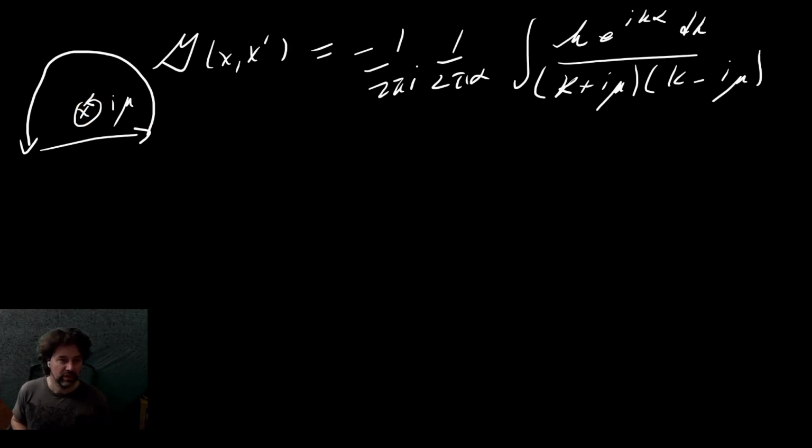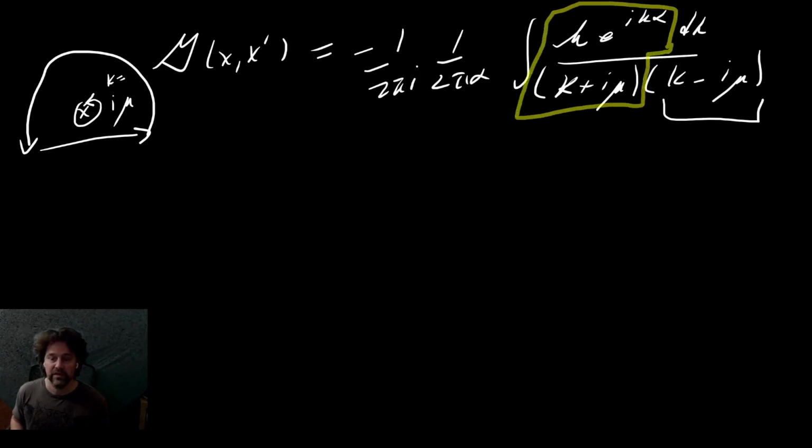Then the pole at k equals i mu. So this is our pole term, and our residue is going to be the rest. Our residue is going to be evaluating this portion of the integrand at k equals i mu.